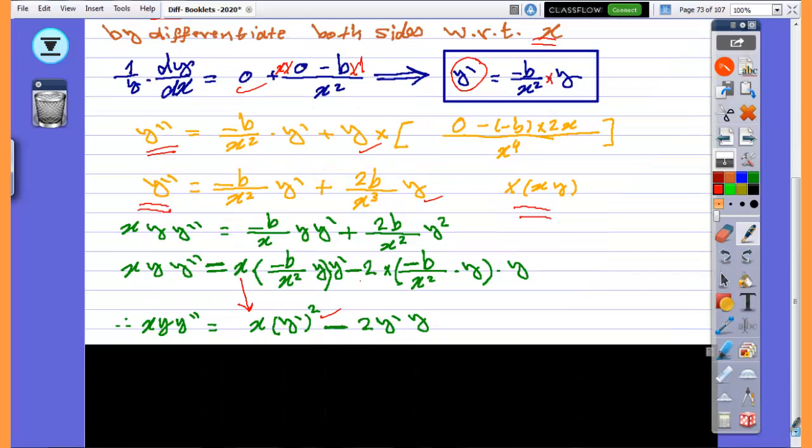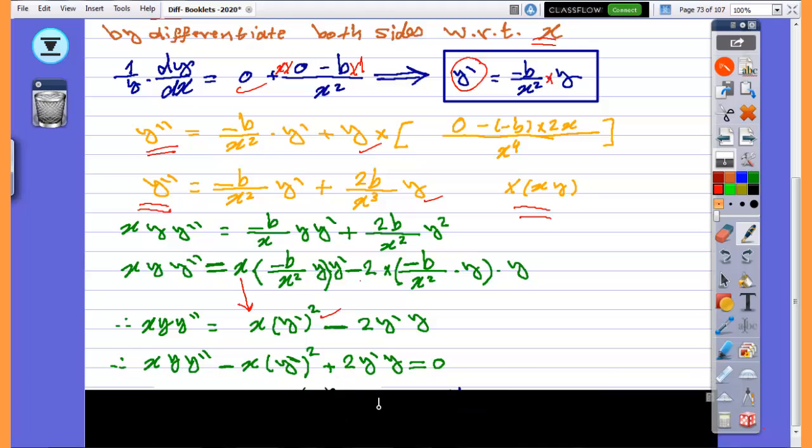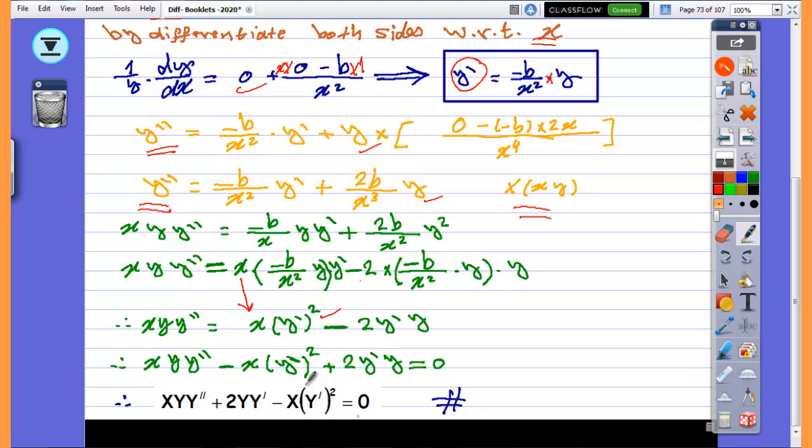Now we can arrange it to be in the form of the required. Now we have x y y double dash minus, we have here positive x y dash square, which we bring to the left hand side as negative y dash square, plus 2y dash multiplied by y equals 0, and this is the required itself.